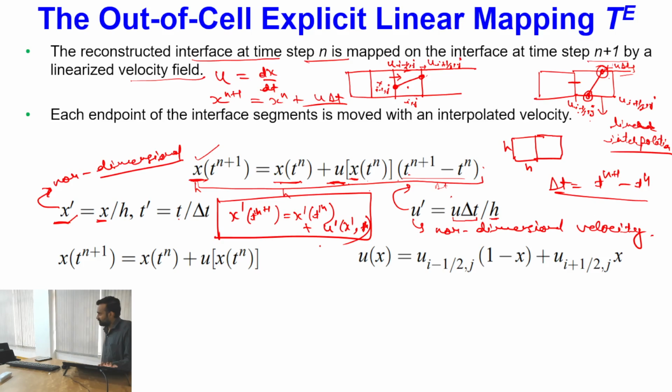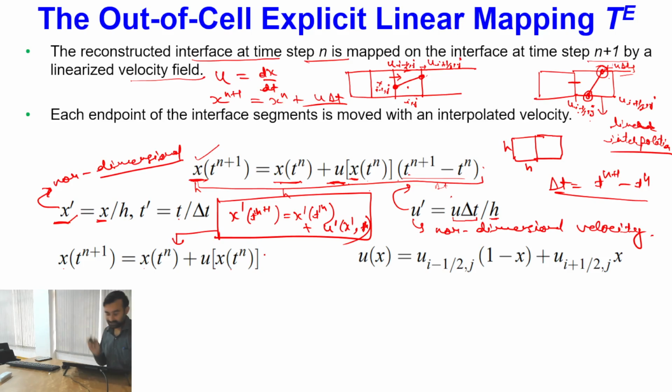In dimensionless form. However, putting a dash every time makes this equation a bit complex, because we already have superscripts in the form of time level. So in further discussion the dash is avoided, and it is simply written as x at t n plus 1 equal to x at t n plus u at x comma t n.